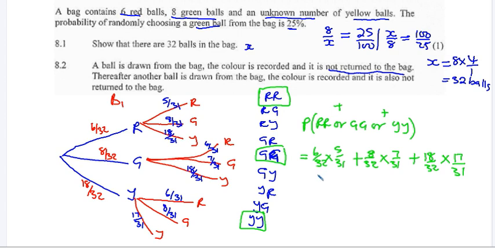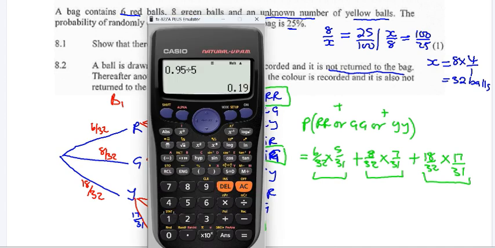All right, so we have red and red, and then green and green, and then yellow and yellow. And then you put that on a calculator.